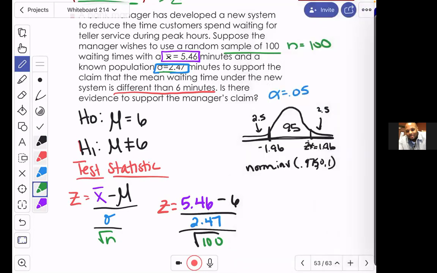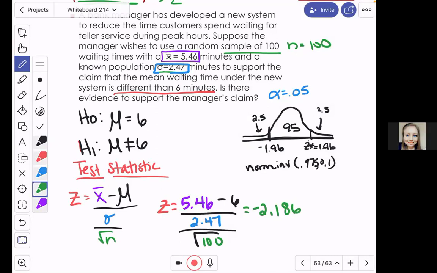Let's go 3 decimals. So this is equal to negative 2.186. First off, why is it negative, by the way? Because it's less than the mean to begin with. Do you understand that? And we got a test statistic of negative 2.186.